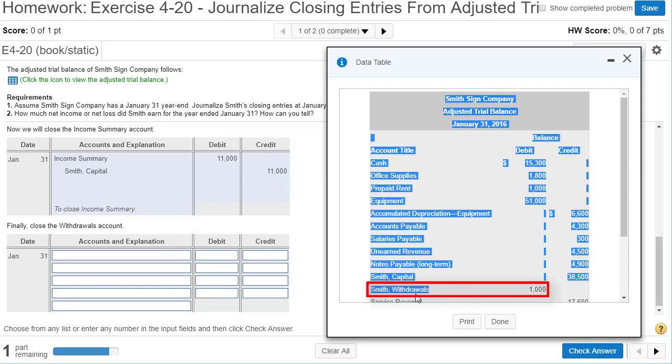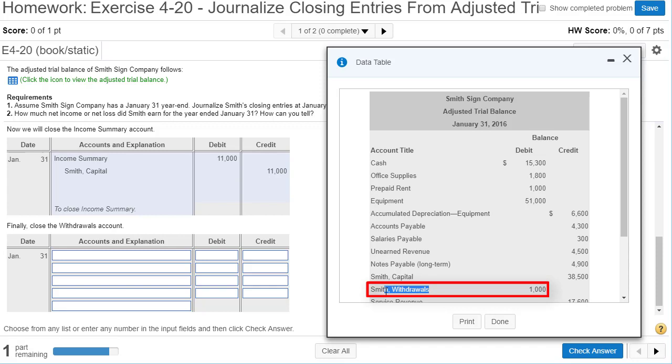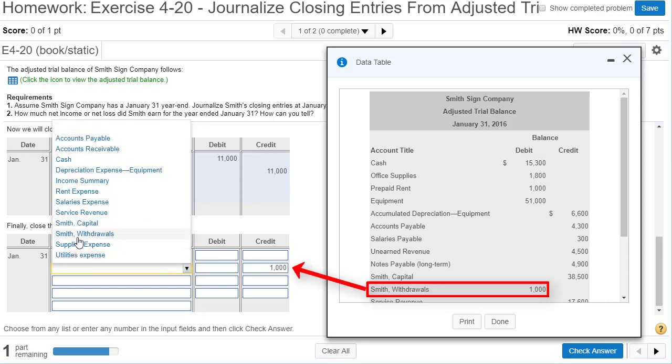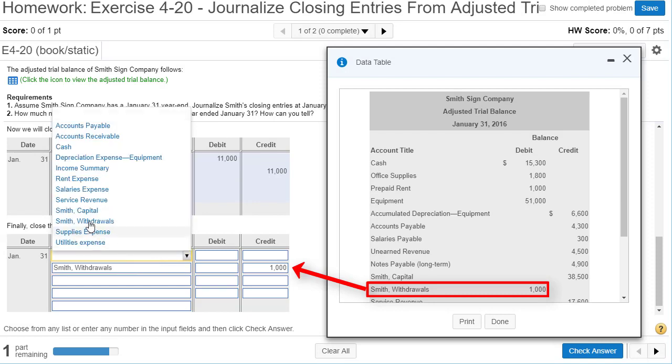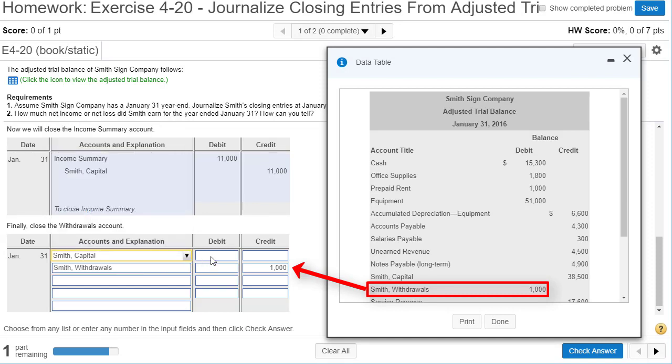So how do we close an account with a $1,000 debit? Well, you have to credit it. And what's the account that it gets closed to? It gets closed to capital. So some of you might be saying, well, how do you know that we should debit capital? Well, there's two ways.